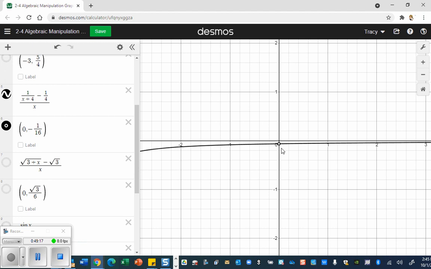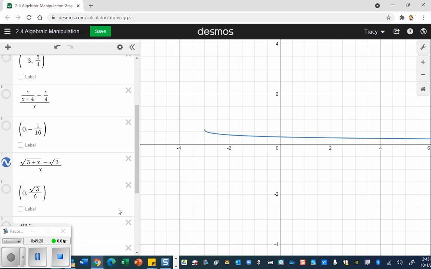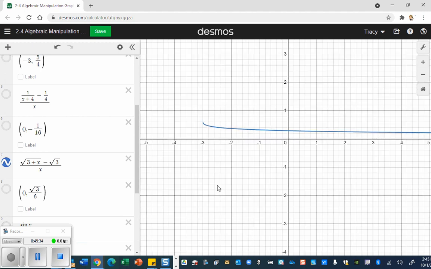We removed it so we can still find the limit at that point. Here's our conjugate. It's a square root function. And you can see it. And where is our hole? There she is. That's what we removed by using the conjugate and factoring out and canceling out that x. How cool is that?